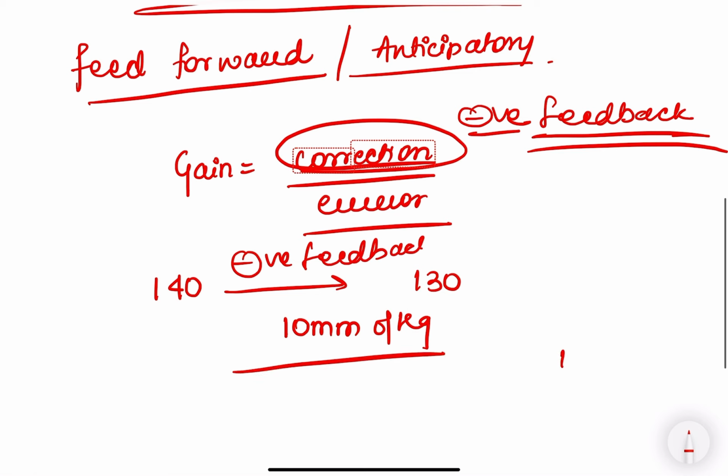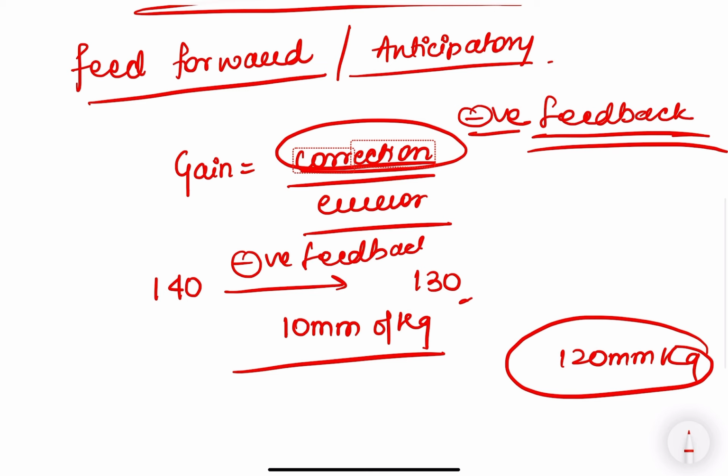Normally our systolic BP is 120 mm Hg. So what is the error remaining? That is also 10 mm Hg. So the correction is the amount decreased by the negative feedback, and the error is the amount that is left behind to the normal level.